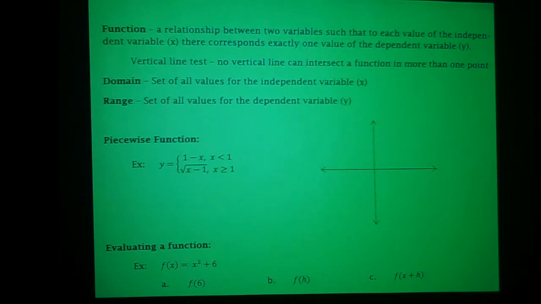And that's why we use the vertical line test to determine if something's a function, because if a vertical line can intersect the graph twice, then it can't be a function, because one value of x would match with two different values of y, and that's not allowed to happen in a function.